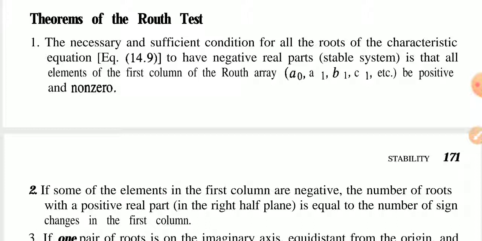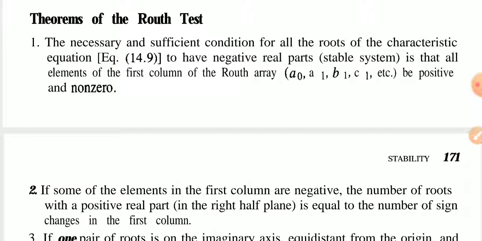The theorems of the Routh test, revision part. The first point: the necessary and sufficient condition for all the roots of the characteristic equation to have negative real parts, for a stable linear system, is that all the elements of the first column of the Routh array, a0, a1, b1, c1 etc., be positive and nonzero.